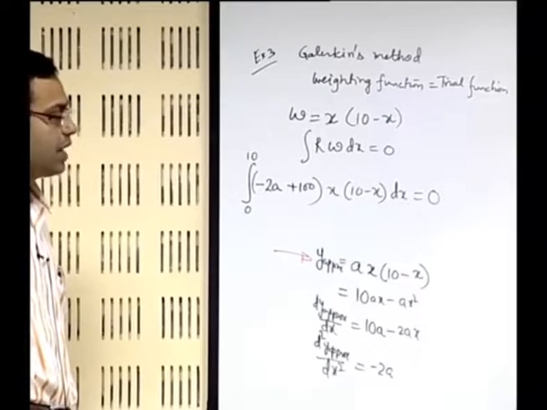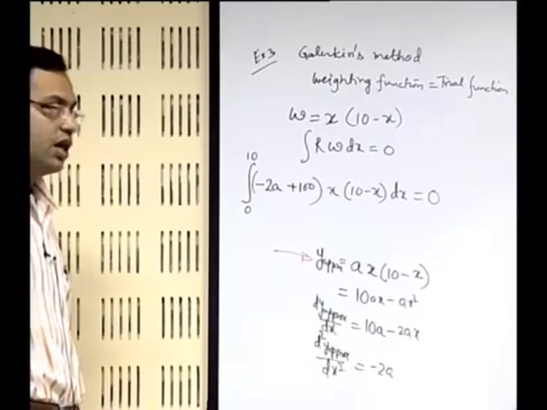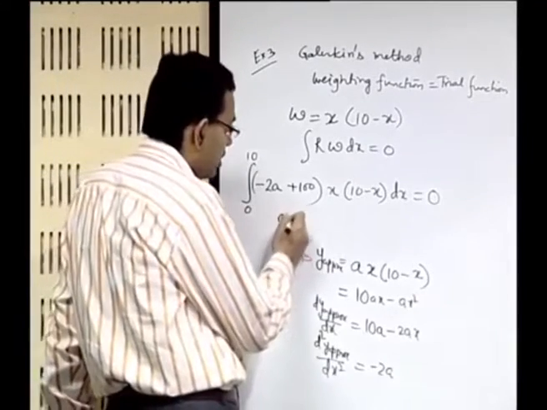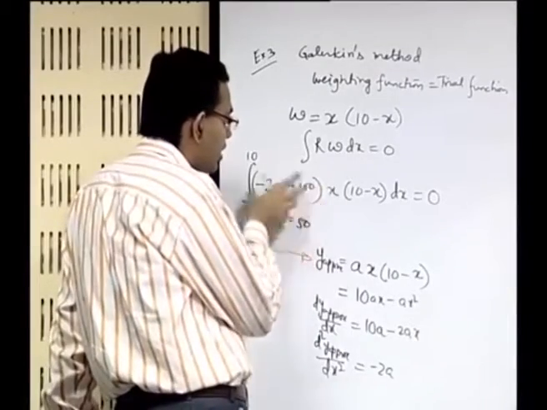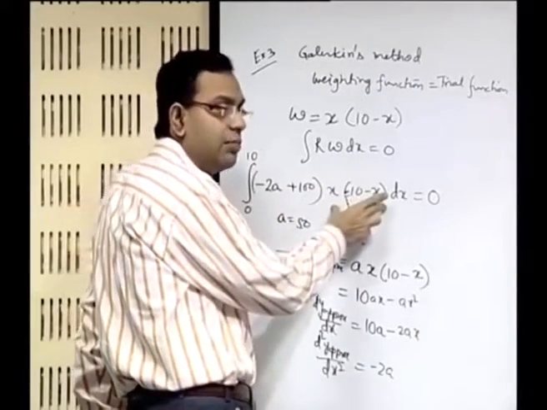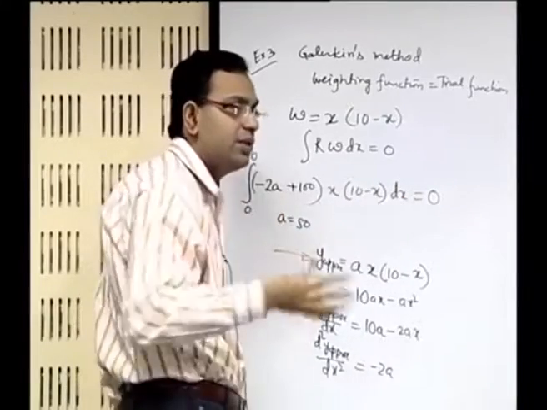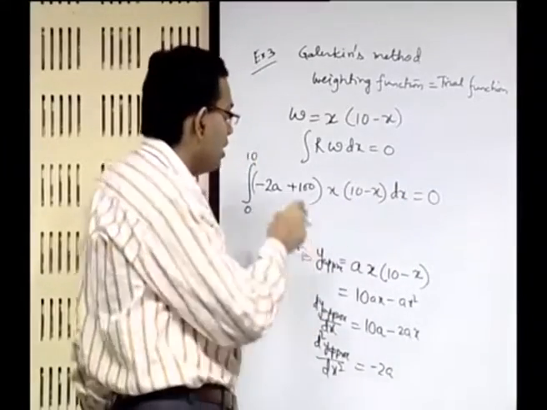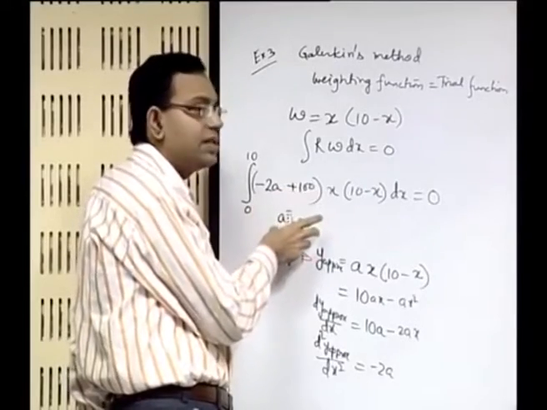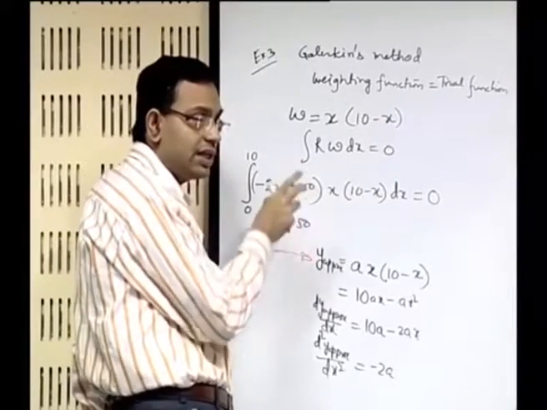So what should be the value of a? A will be 50, because if you take this out of the integral, the remaining part is just a number. The integral of x into 10 minus x dx from 0 to 10 will be just a number. So effectively minus 2a plus 100 will be equal to 0, that is a equal to 50.